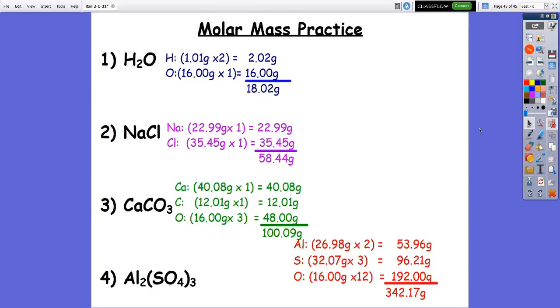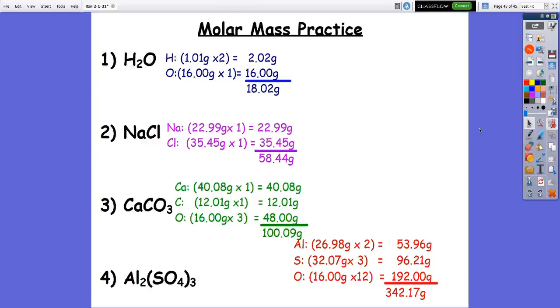For sodium chloride, my final mass was 58.44 grams. I have 1 mole of sodium atoms weighing in at 22.99 grams each, and 1 mole of chloride atoms weighing in at 35.45 grams each. So when I add those two numbers together, I get 58.44 grams.